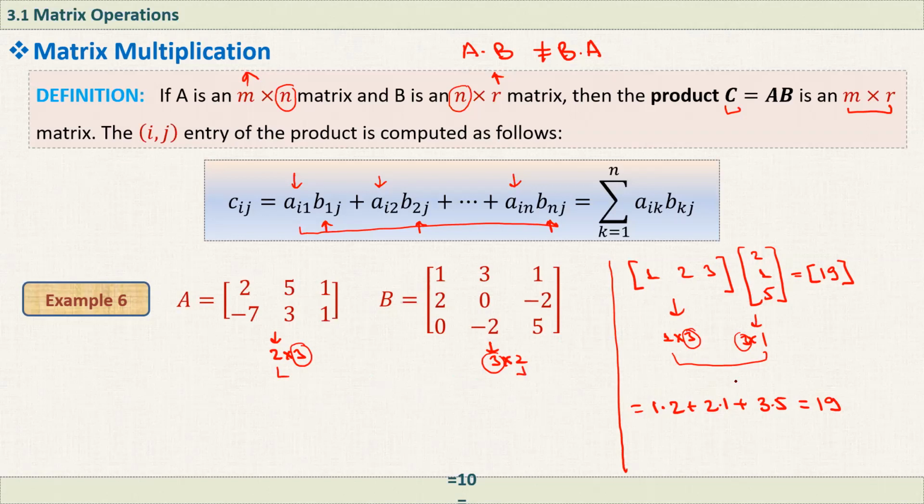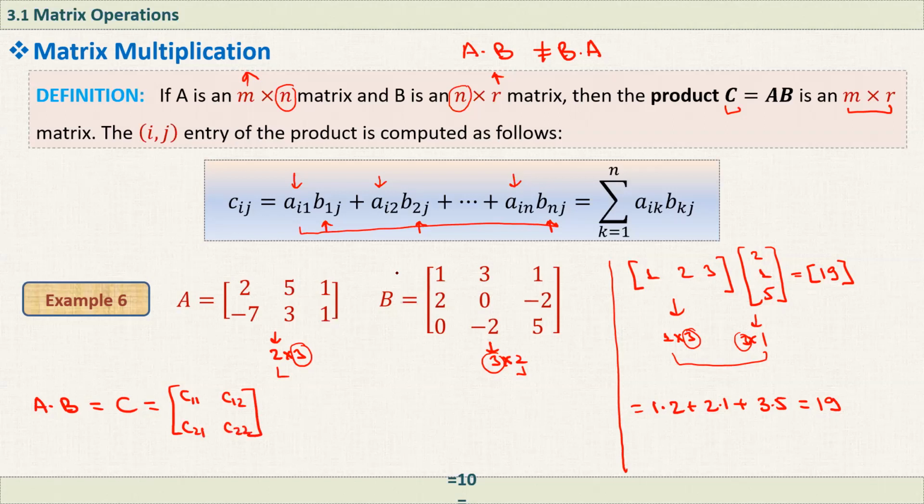If you multiply A by B, we will have C, a 2 by 2 matrix with entries C11, C12, C21, C22.